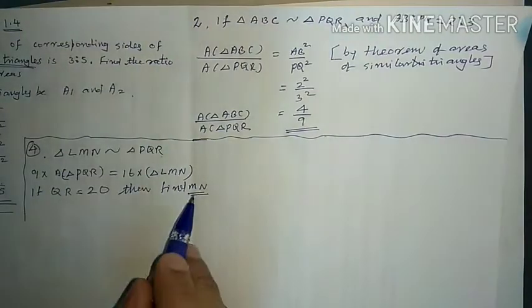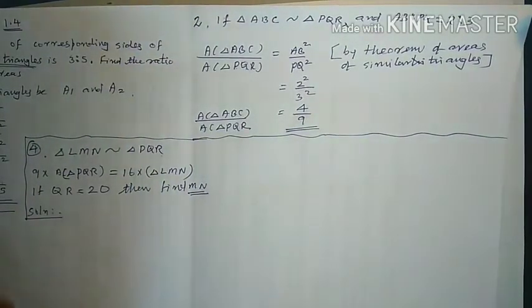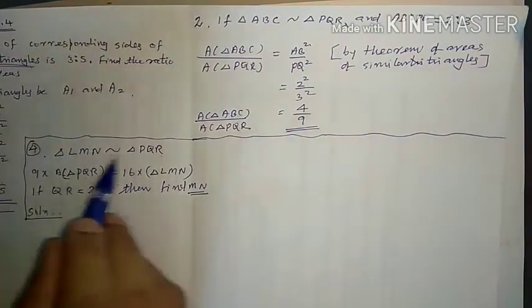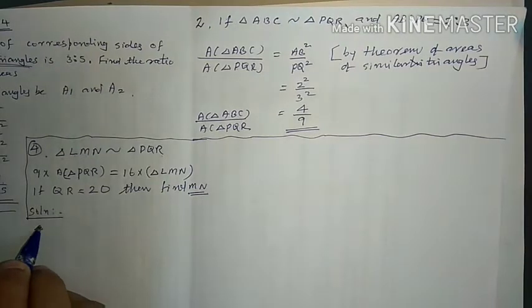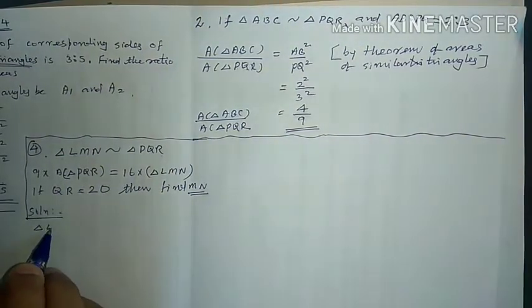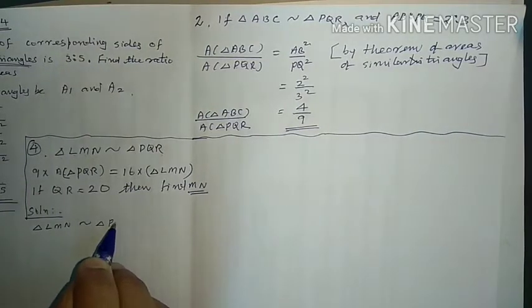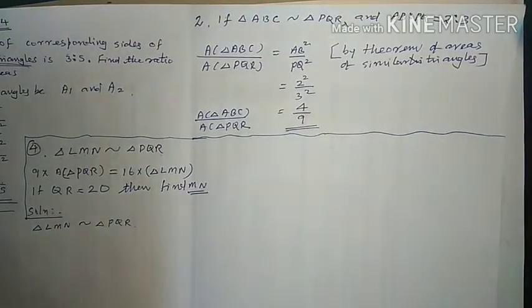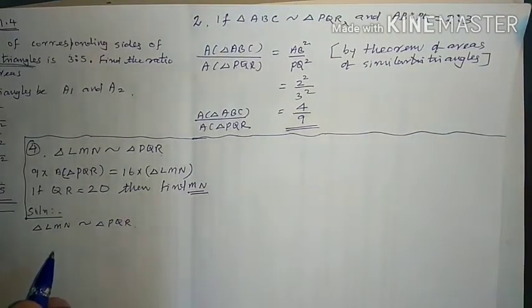Now we are solving, finding, so solution. What is the solution? Triangles are similar. We start here. Triangle LMN similar to triangle PQR. We get the triangles are similar, given. Therefore, what happens? Also ratio is given.